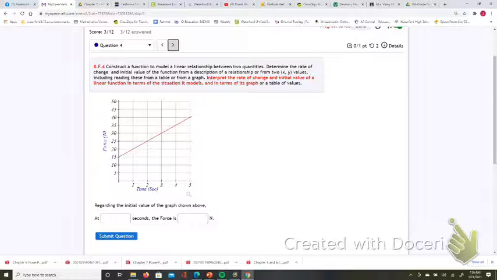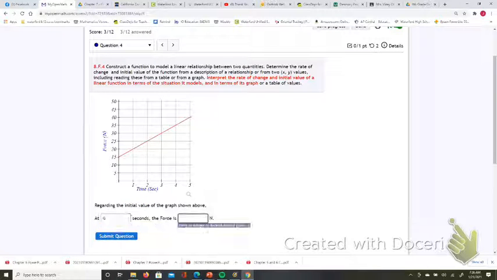Number 4 says, regarding the initial value of the graph shown above. So we have a graph right here, and then it says at how many seconds the force is how much. So ladies and gentlemen, when you see the words initial value right here at the bottom, that tells you that we want to start at 0 seconds. So always, this number is going to be 0.